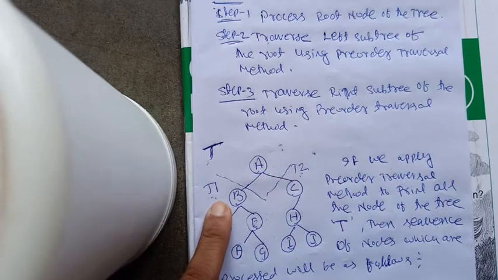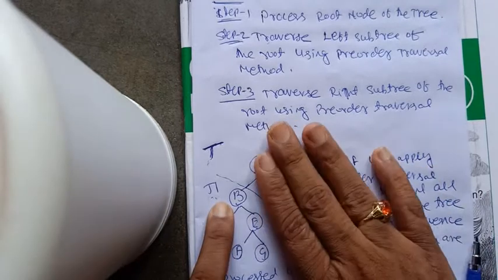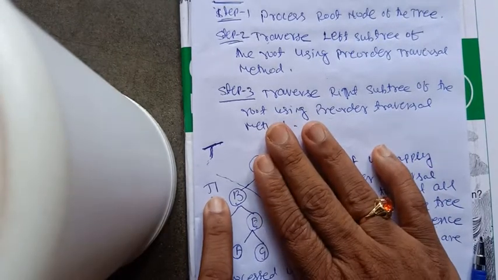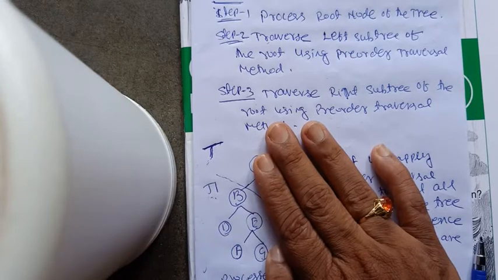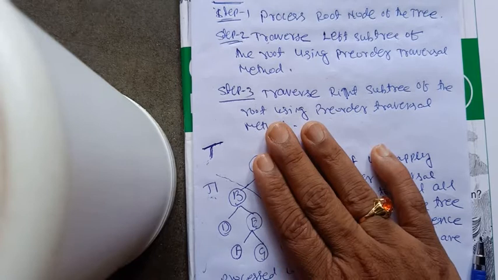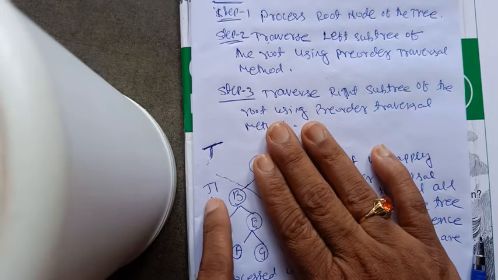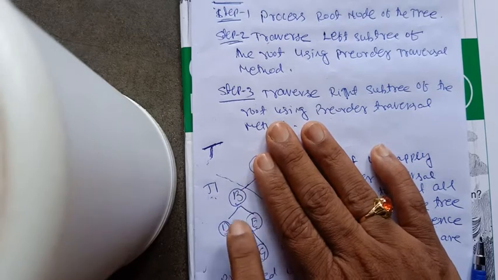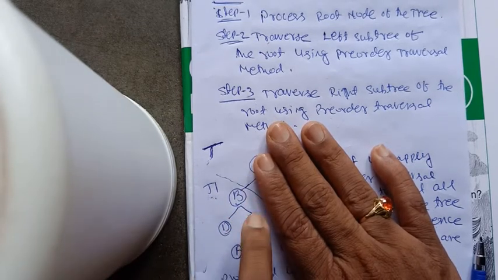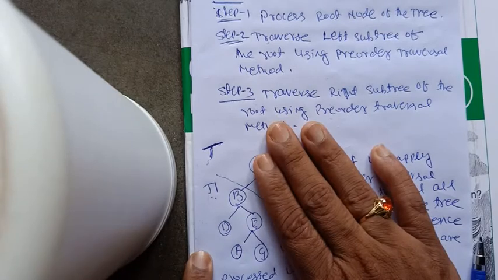So after A, we will get B. Now the traversal of T1 is not completed yet, because T1 has a left subtree as well as a right subtree. So the second step says let us move to the left side subtree of B and traverse that tree.